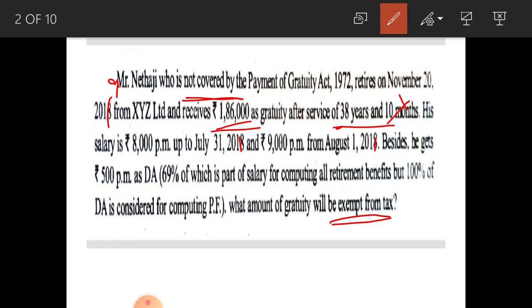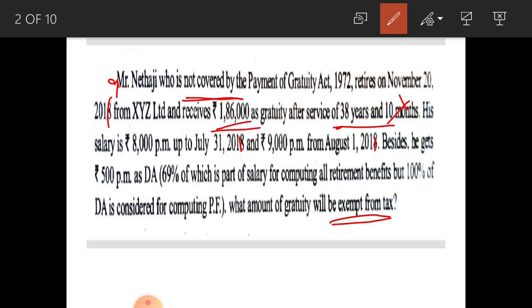As per this information, at the time of his retirement, his salary was 9,000 per month, that is from 1st August 2019. That means you have to consider the months till the last month before his retirement, that means till 31st October.